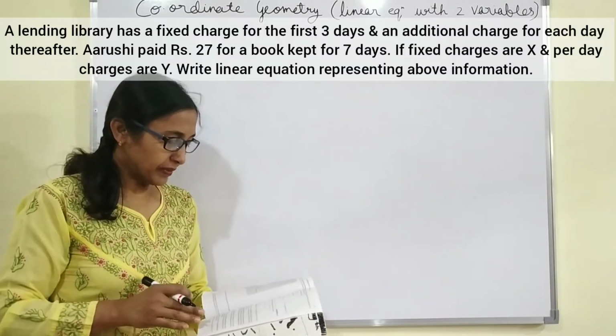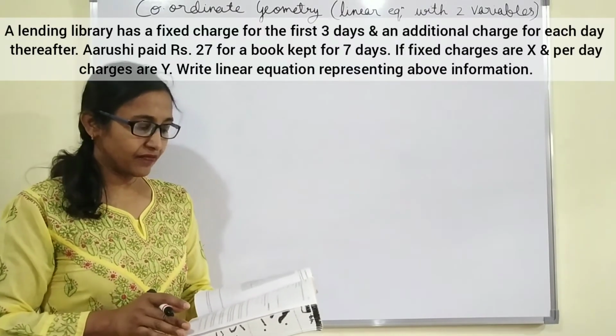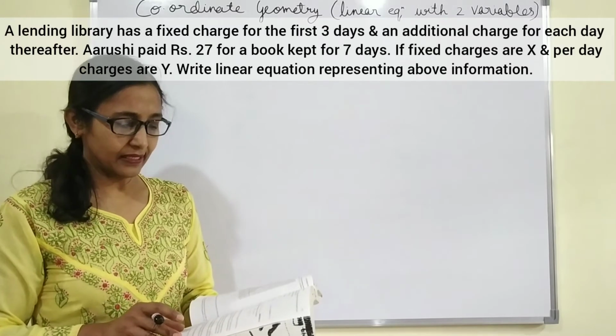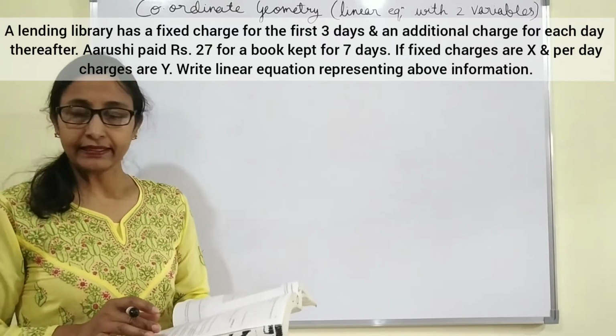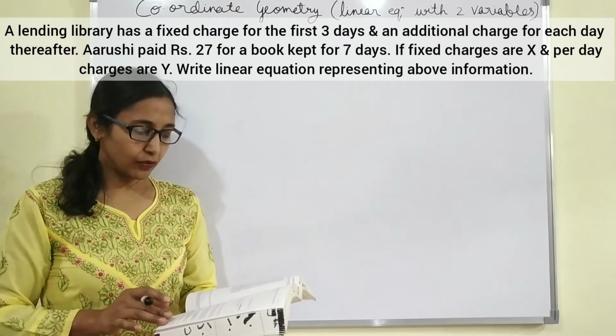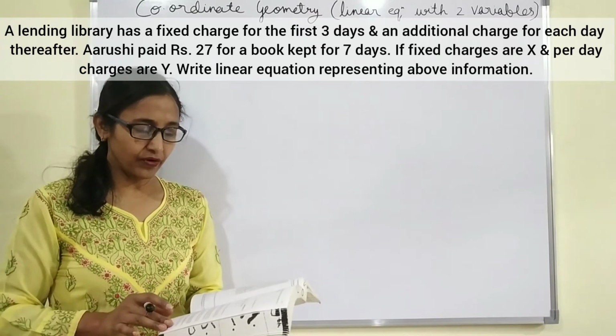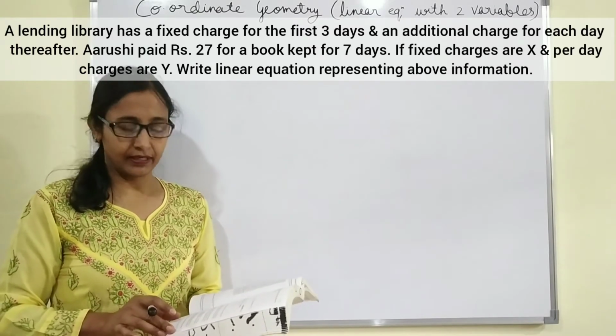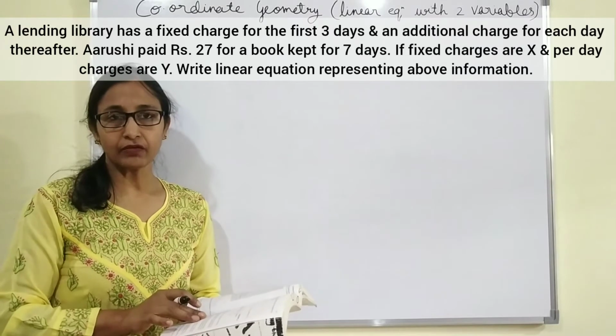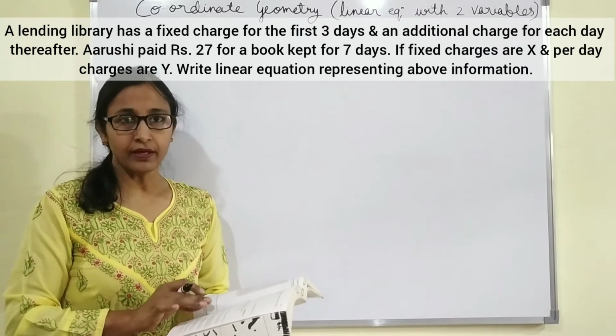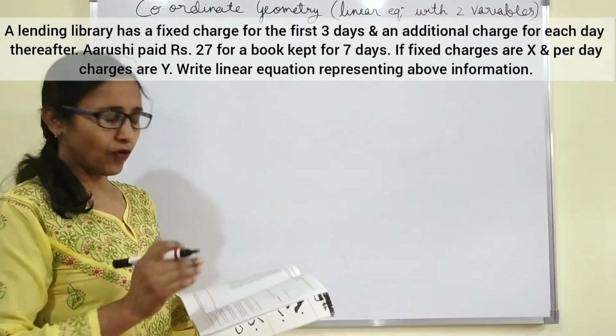Now the next example is: a lending library has a fixed charge for the first 3 days and an additional charge for each day thereafter. Arushi paid ₹27 for a book kept for 7 days. Write a linear equation with two variables with this information.